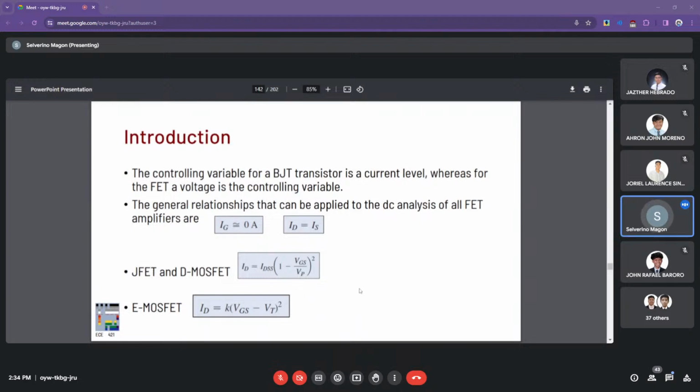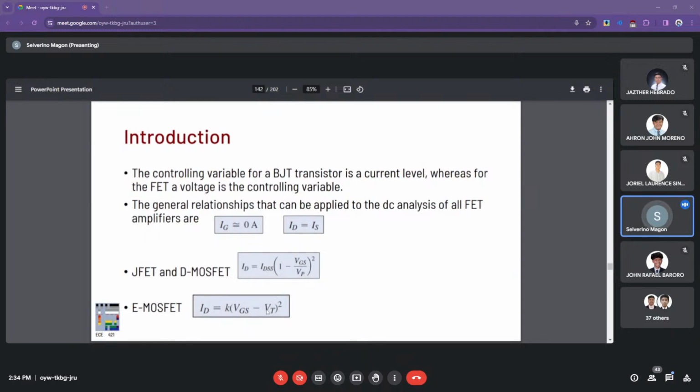On the other hand, for the enhancement type, we are increasing the gate voltage with reference to the threshold.